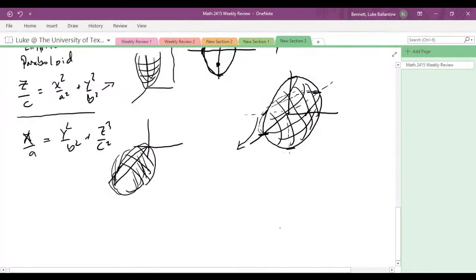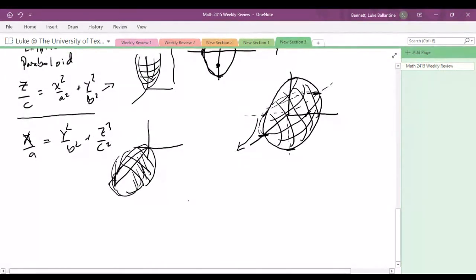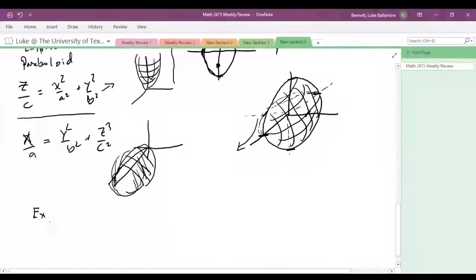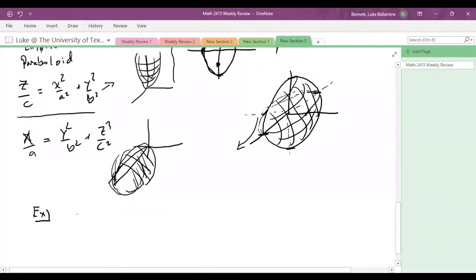Anyways, for instance, we'll get to an example. I should show that right now. So okay, let's hit an example. So we have this equation.